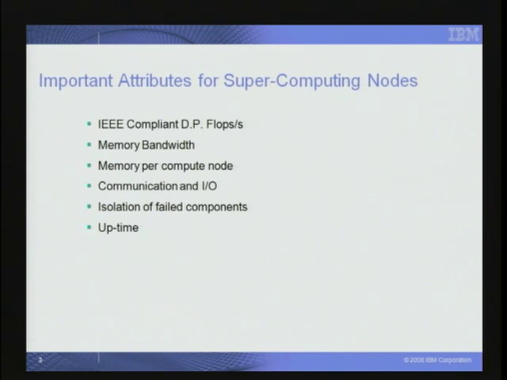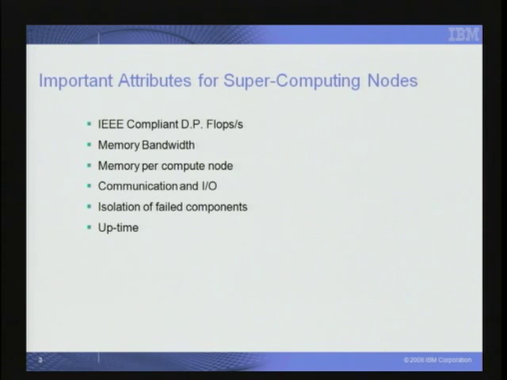So what are the important attributes for a supercomputing node? And what sort of words do you have to tell people when you're trying to put in a bid for one of these things? Well, of course, the first thing that you have to start talking about is double precision flop rate, and there's a significant number of applications that can actually be coded up almost without concern for the memory system that hit whatever peak flop rate your machine is capable of.